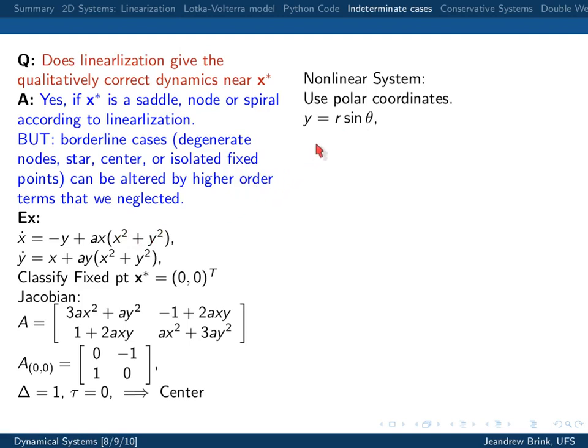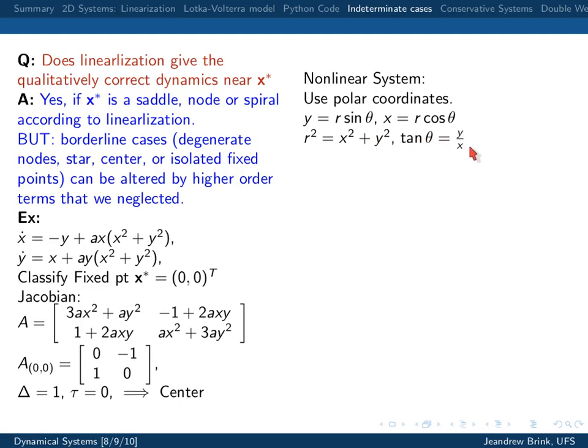So if I introduce new coordinates and I say y equals r sine theta and x equals r cos theta, so my new coordinates are basically r and theta, what I have then is that the new coordinate r squared is basically x squared plus y squared. And then you always need an additional independent one, and we have tan theta equals y over x.